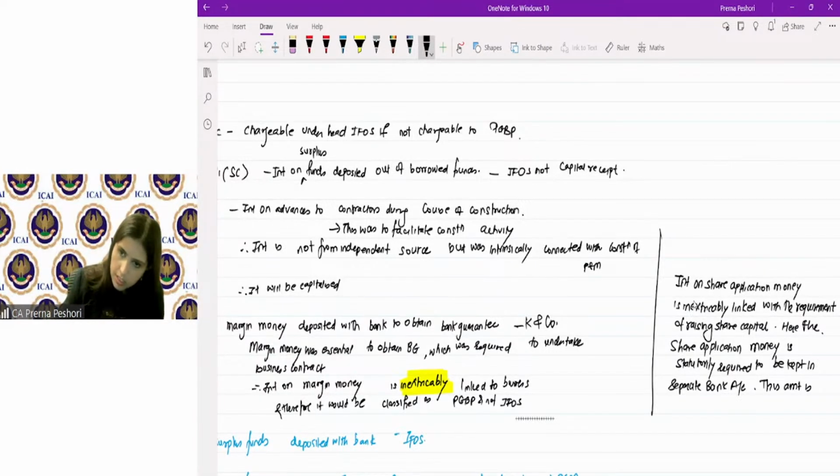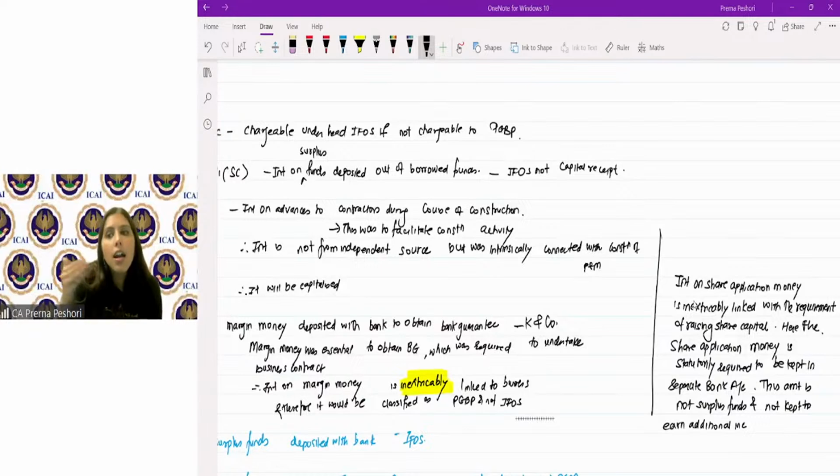This amount is not surplus funds and not kept to earn additional income.